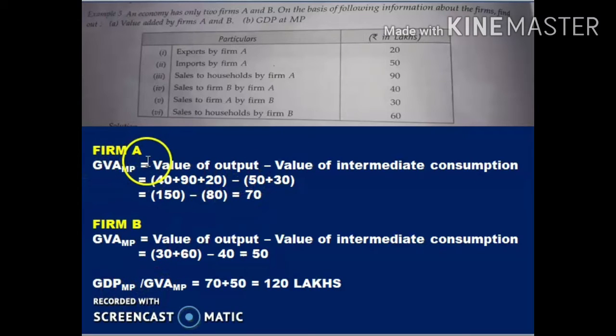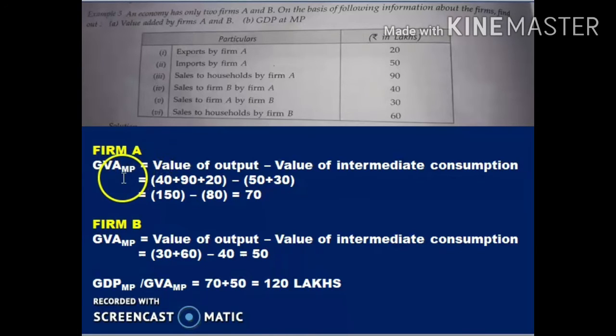So when you get a question, first identify whether it is product, income or expenditure method. Then find what has to be found first, keep it with you, and then convert to the other form.